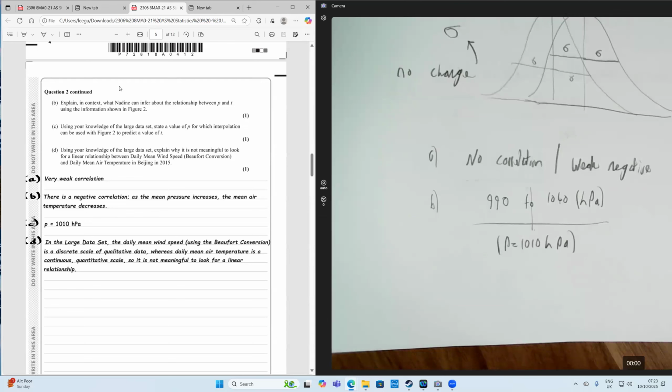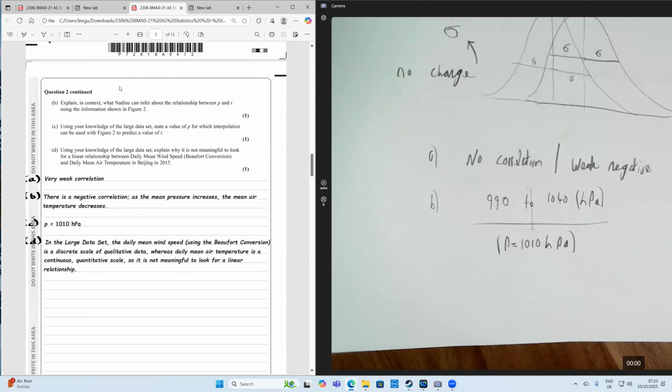It is just qualitative data, light, medium, and so on. However, the air pressure is what we call quantitative data because it's got a number associated with it. So you can't compare qualitative data with quantitative data. It'd be like trying to compare somebody's eye color with the length of their hair. It's not really meaningful, okay?